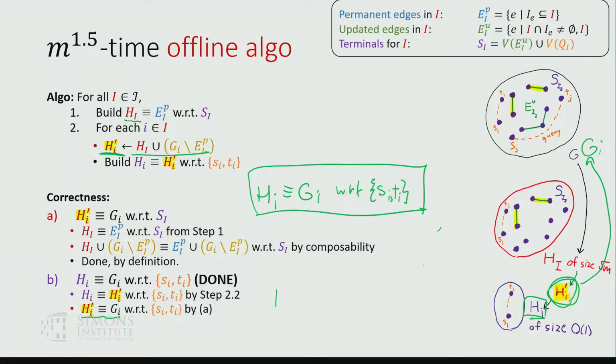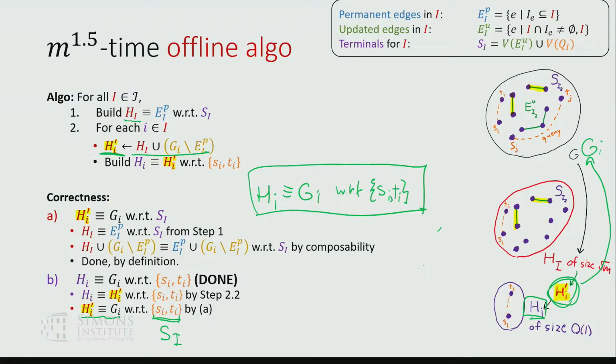Because these are equivalent to each other with respect to the bigger set si, so they would be equivalent with respect to just these 2 points too. So this is equivalent to this, this is equivalent to this, so they are equivalent to each other. Like hi and gi are equivalent to each other. Okay. So that finished the proof.